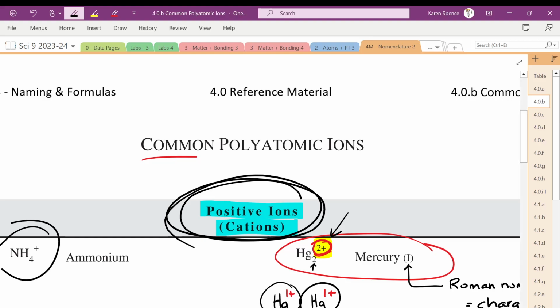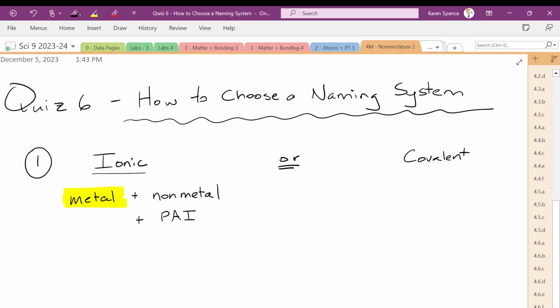So we would have then either a metal plus a nonmetal, a metal plus a polyatomic ion, or we could have NH4, ammonium plus a nonmetal, or ammonium plus a polyatomic ion.